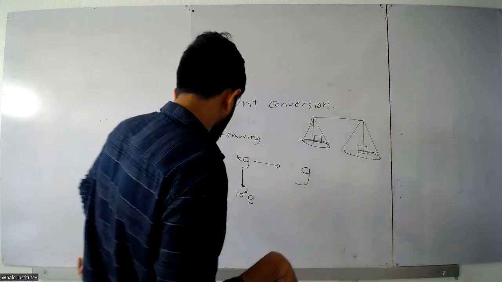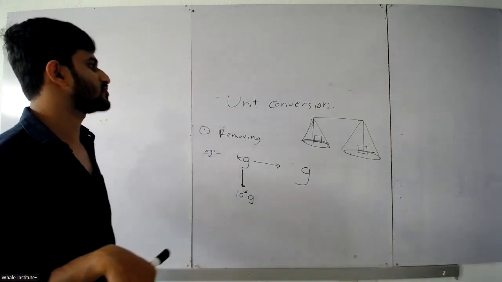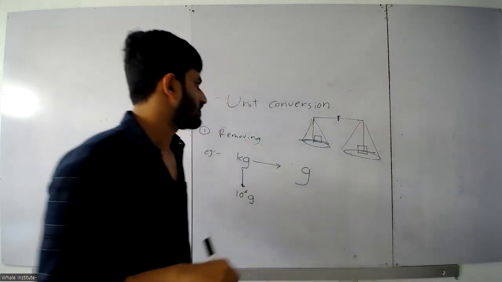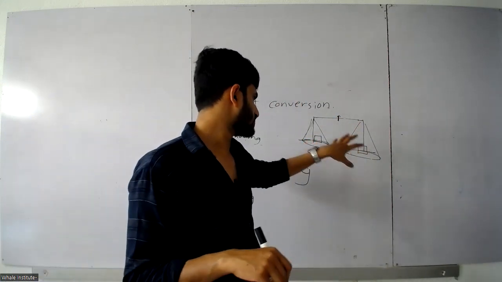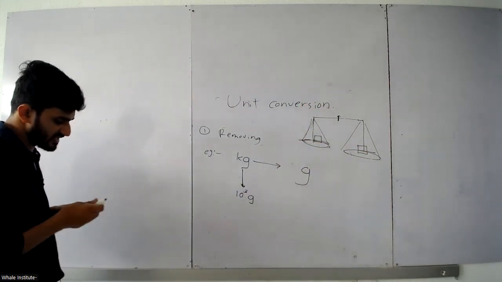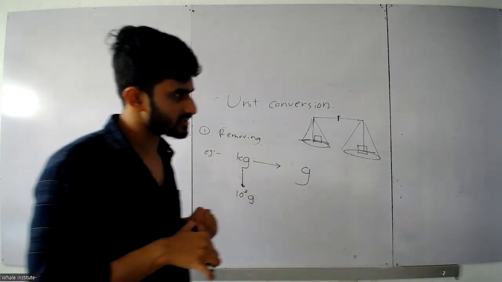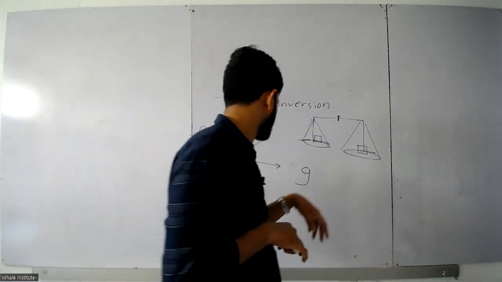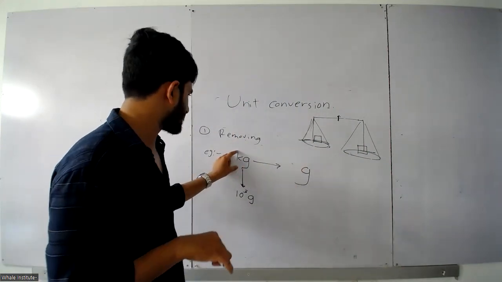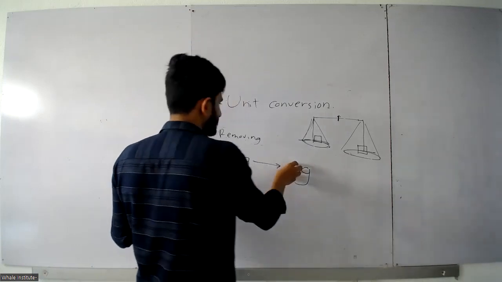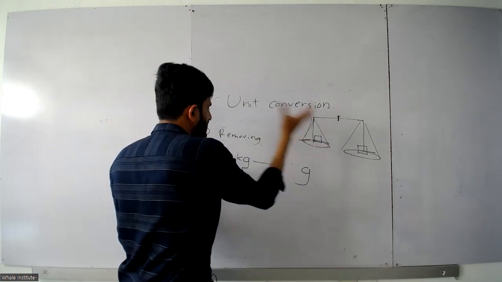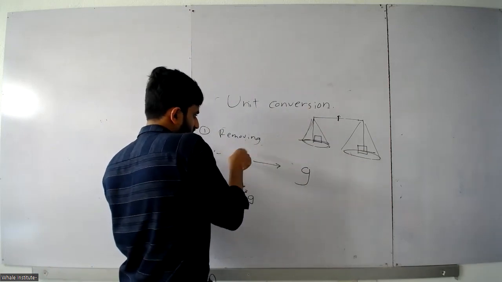Then all the time this should be at equilibrium. When moving something from one place to another, we should always put a weight equal to what we remove on the other side. Then the equation is balanced.